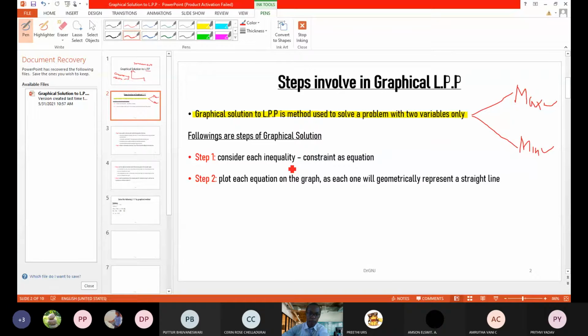Step number one, you have to consider each inequality constraint as an equation. What does inequality mean?